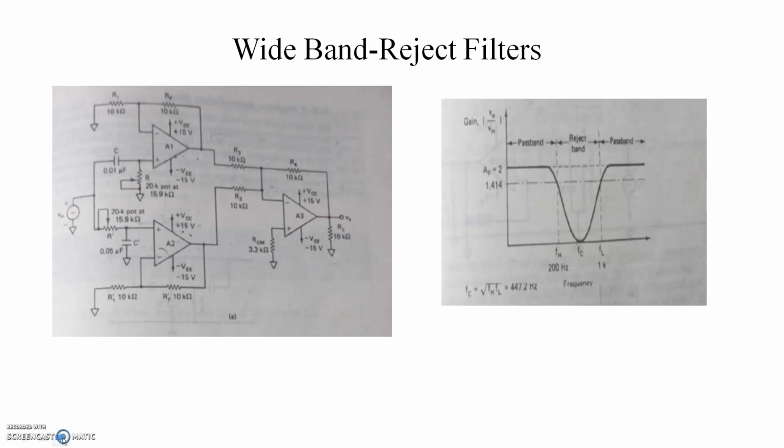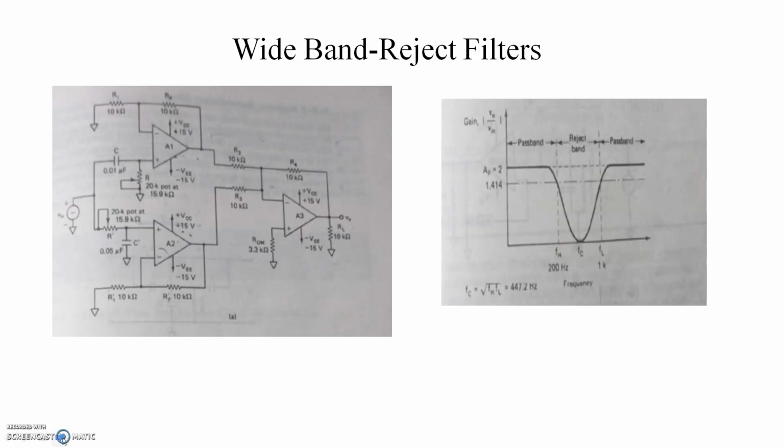Here, the circuit diagram of a wide band reject filter is shown on the left side of the screen. It is constructed with a low pass filter, a high pass filter, and a summing amplifier. The important thing to consider is that in order to realize a wide band reject filter, the low cutoff frequency FL of the high pass filter must be larger than the high cutoff frequency FH of the low pass filter.